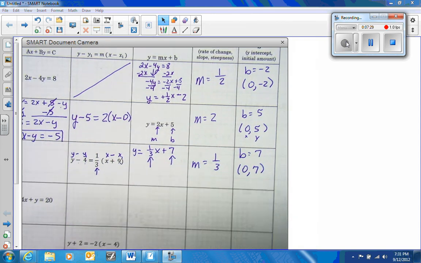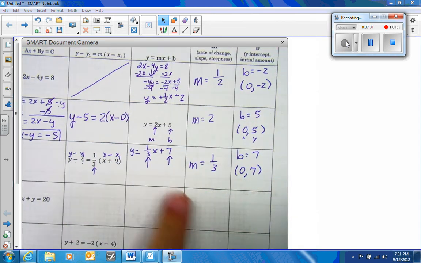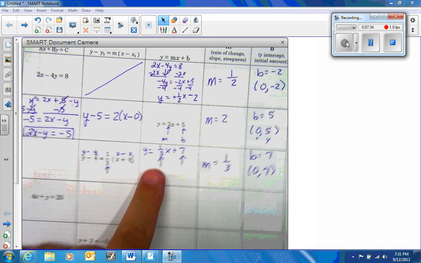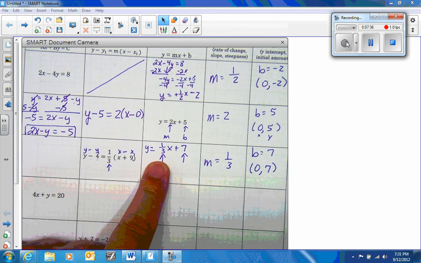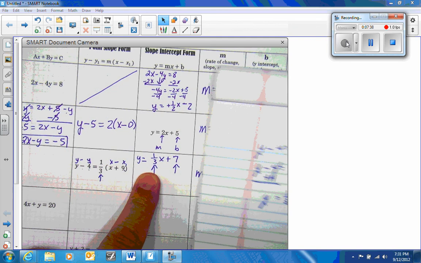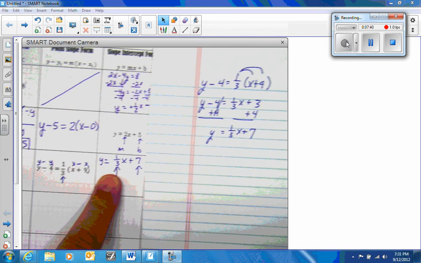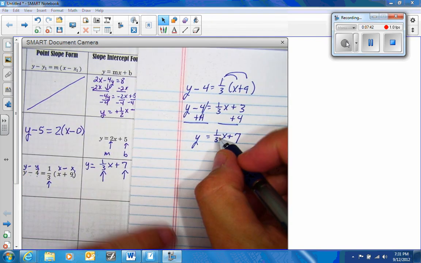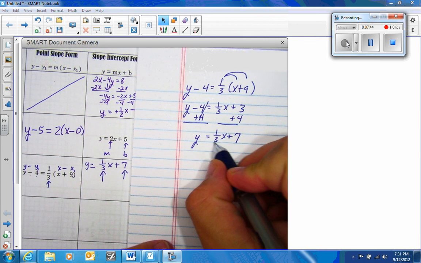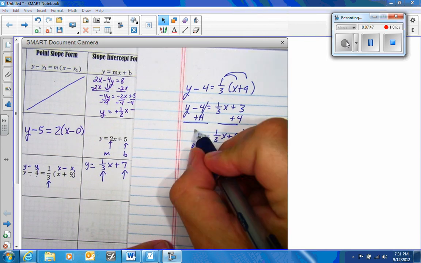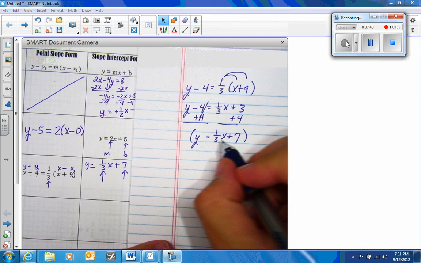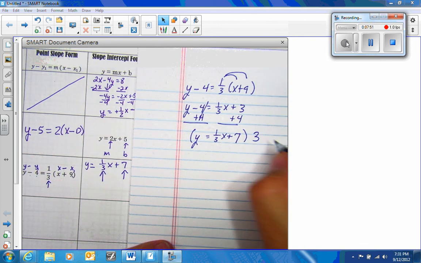Now, the next tricky thing is I want to fill in my standard form. Notice that the slope-intercept form has a fraction. Well, how do we do that? Remember, in order to get rid of a denominator, you need to multiply everything by that denominator. So I'm going to multiply everything by 3.